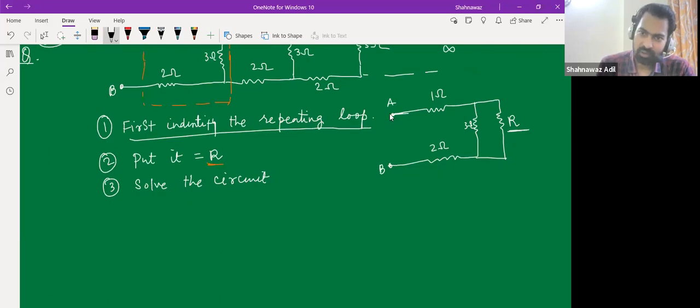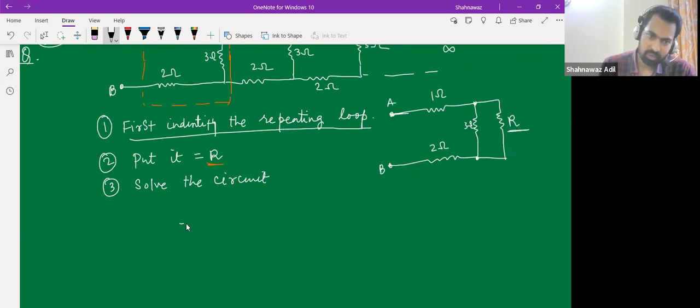We want to calculate the resistance from A to B. First we will solve this junction. What would be R effective? These two, 3 ohm and R, are parallel, right?